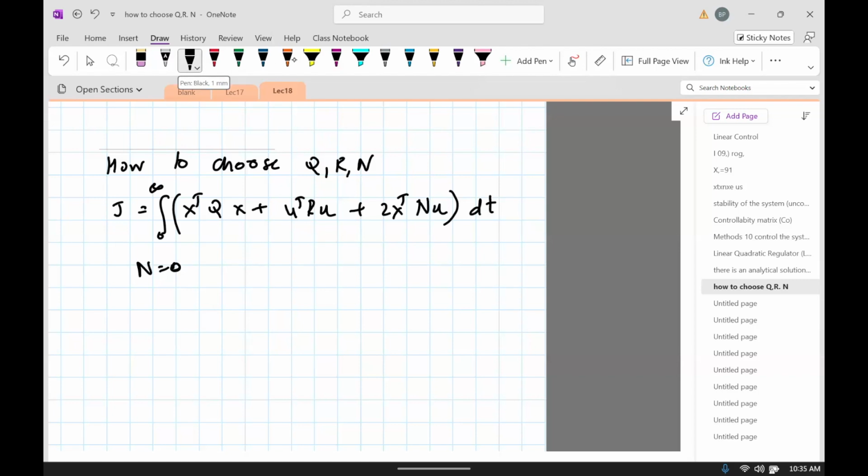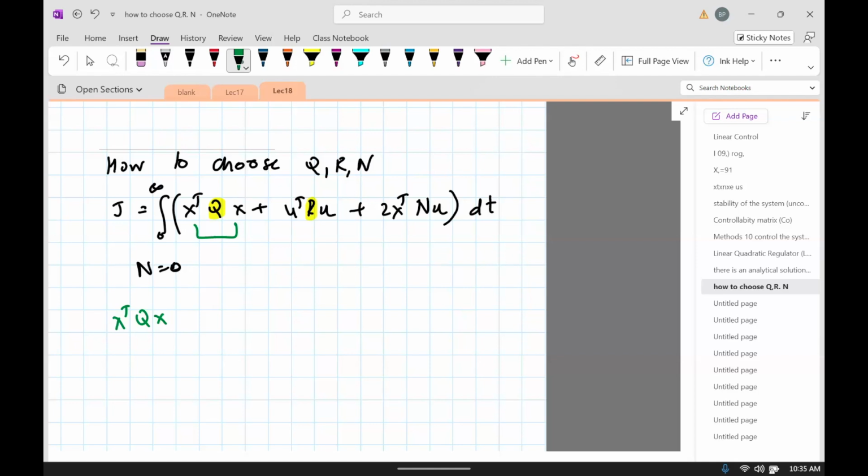Okay, now what Q and R are doing is kind of interesting. When you have this term, look at x transpose Qx. For a second, just think x is a number, like one state. X is going to be one state and Q is going to be one value, a scalar. Now, if you put a very high value on Q, say 1,000, then even small changes in x will make a very big value for x transpose Qx.